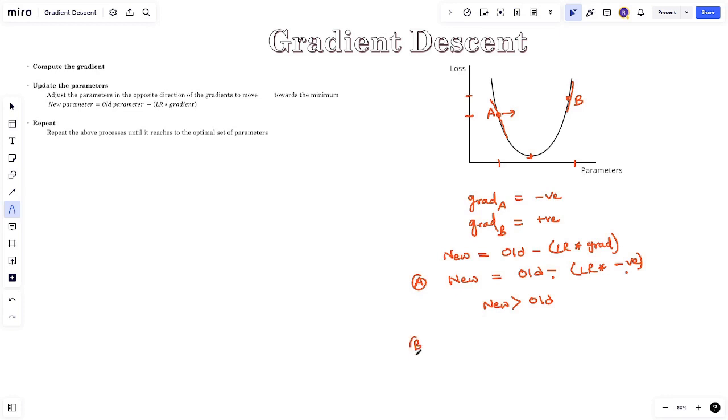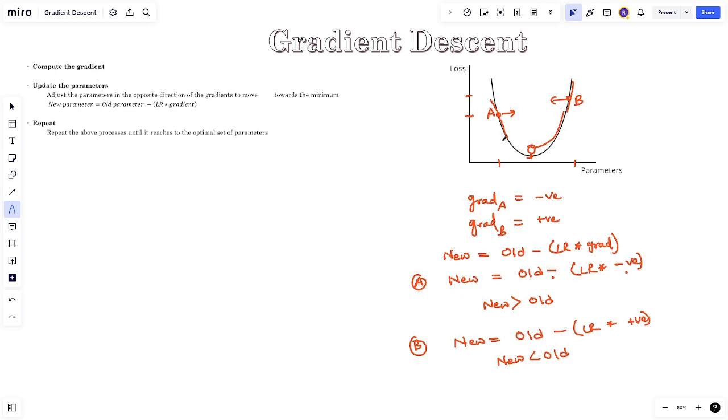Now for point B, the new set of parameters is equal to old minus learning rate times something positive. So in this case, the new set of parameters will be smaller than the old set of parameters. So the new parameters are going to decrease from here to here.